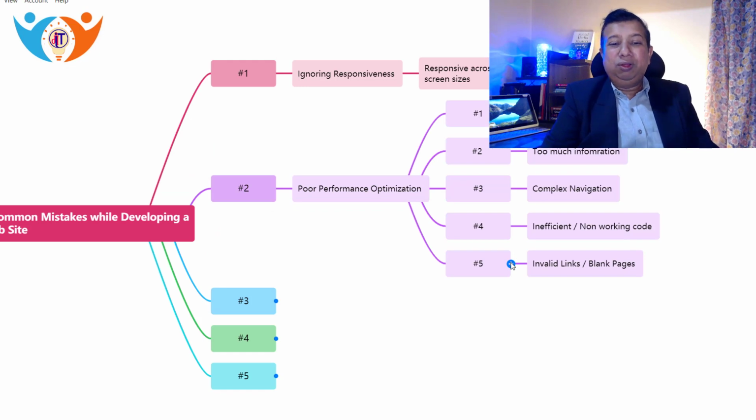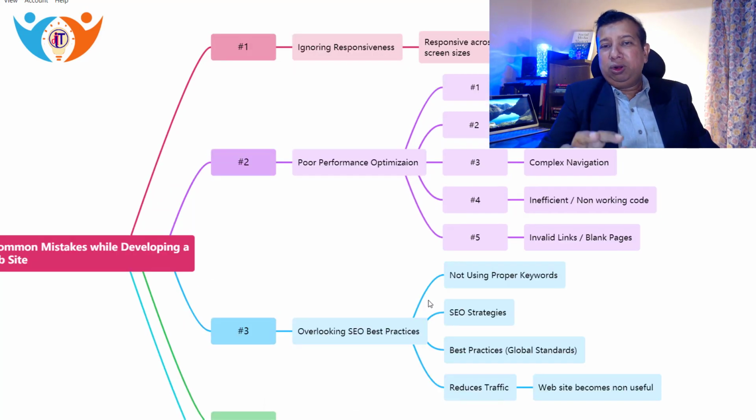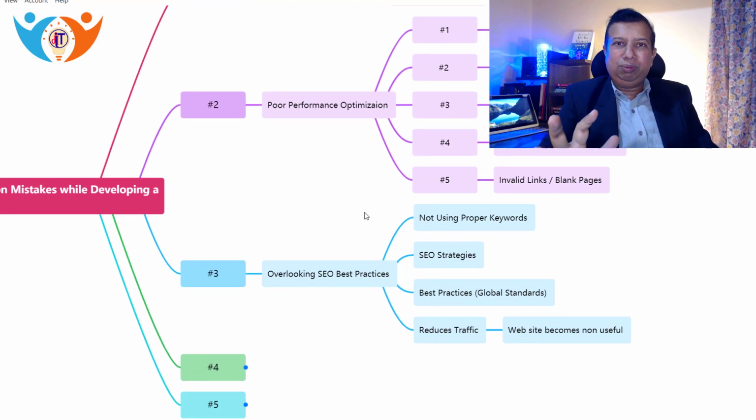Now let's move to the third point, and that is overlooking SEO best practices. Search engine optimization is one of the most important parts of any business, and therefore it is very important to use search engine optimization properly. For this purpose, you have to think about whether you are using proper keywords in your website or not.